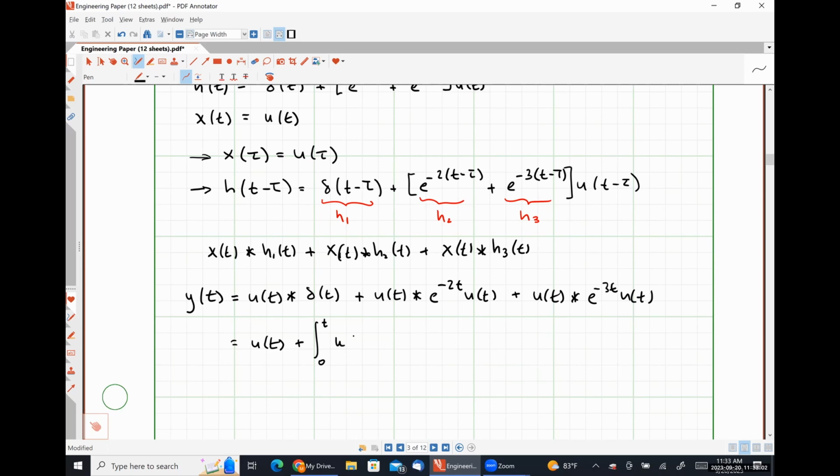So I'm going to have u of tau, that's my x of tau, times e to the negative 2 t minus tau times u of t minus tau, plus the integral from 0 to t of u of tau times e to the negative 3 times t minus tau d tau. Actually, sorry, I need another u of t minus tau.